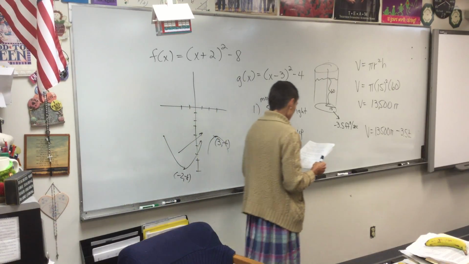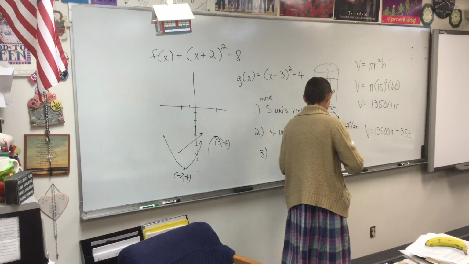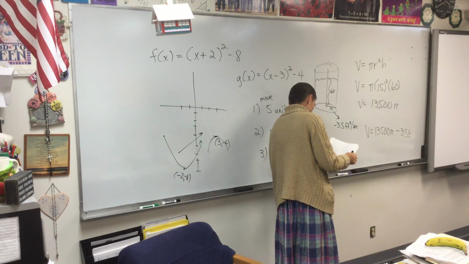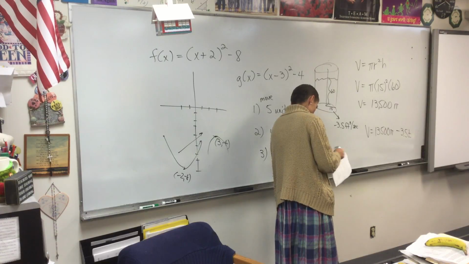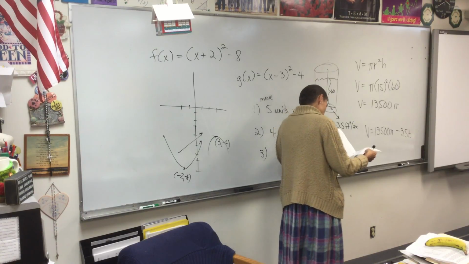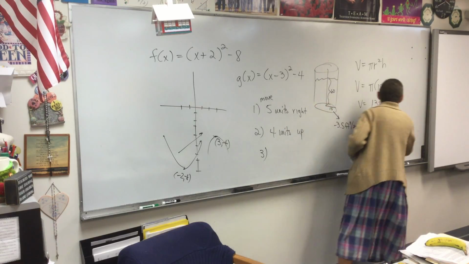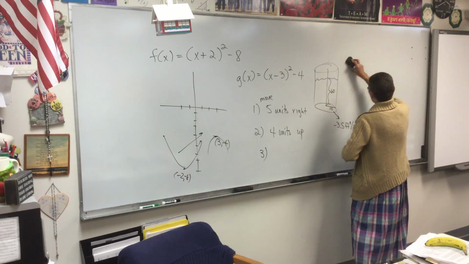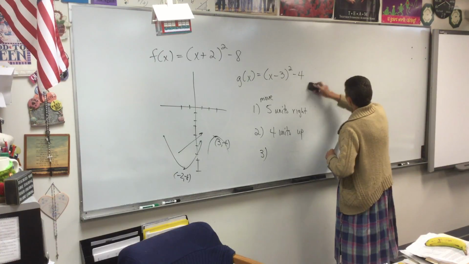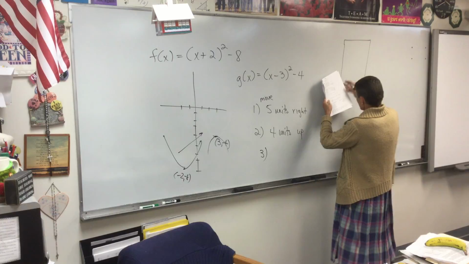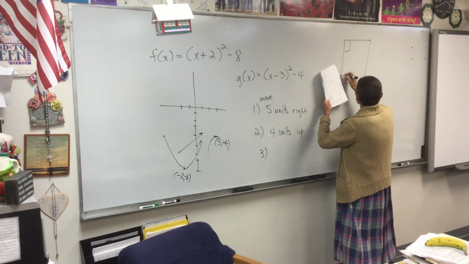All right, now, number 9. Let's look at number 9 real quick. We got a piece of paper that's 12 by 18, and we're going to go through our list of questions that are required for the box problem, which will be definitely on your test.